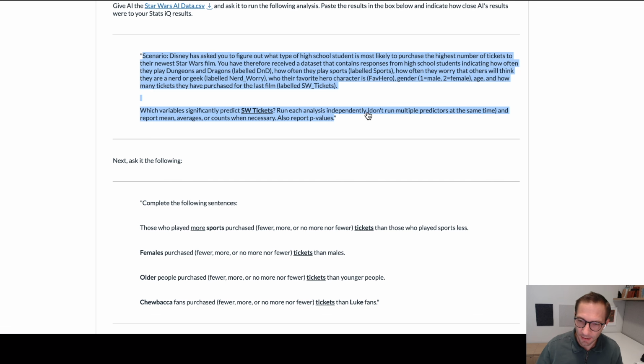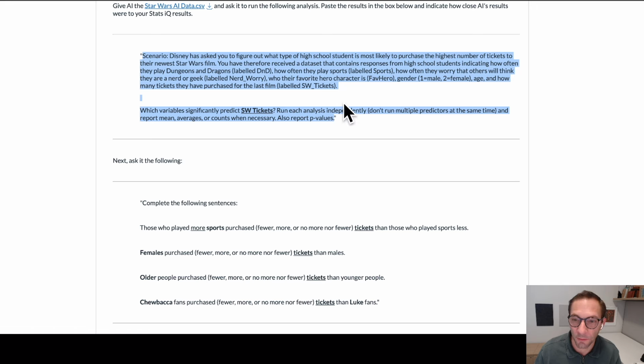Run each analysis independently, okay? Because a lot of times AI will put all of these into one big model. We're not there yet. We're going to get to that point. We don't want them in one big model. We want it to run individual models. And so if you see it putting them all together, it's not following instructions, and that's bad.